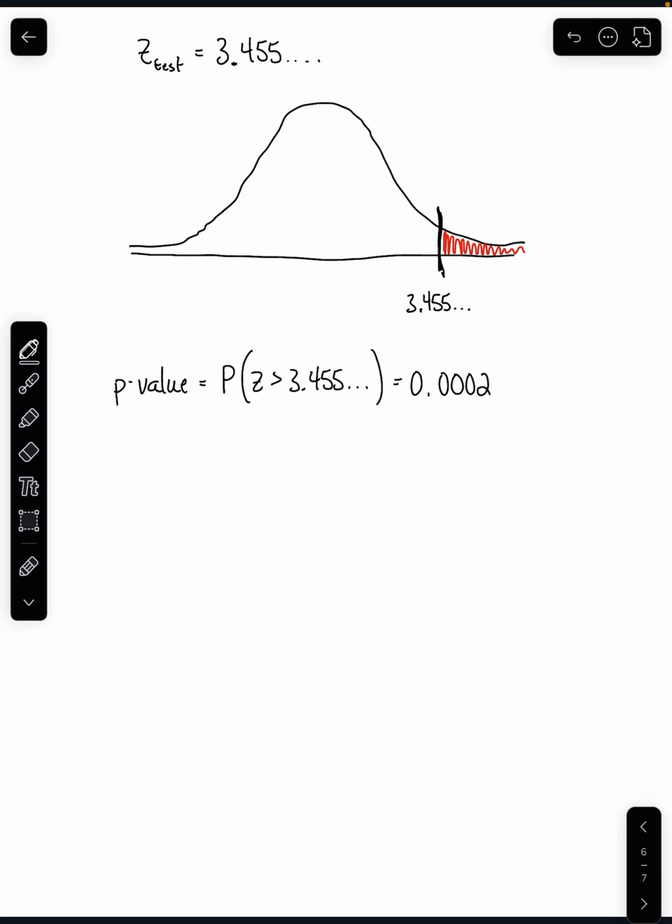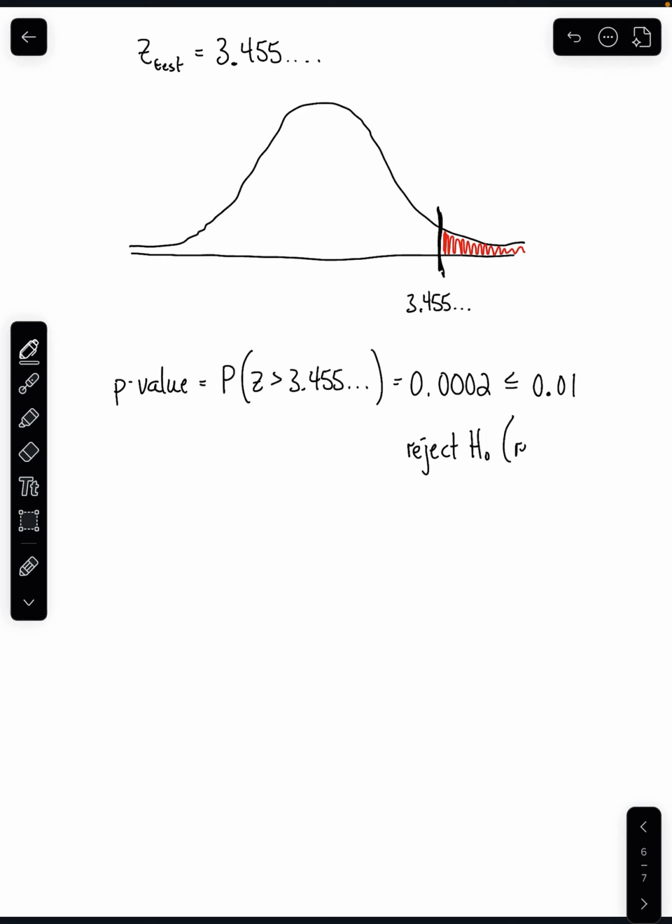So our p-value is definitely less than our level of significance, which was small to begin with. But that's how small our p-value is. It's even smaller than our value of alpha. And this leads us to the decision that we should reject the null hypothesis.